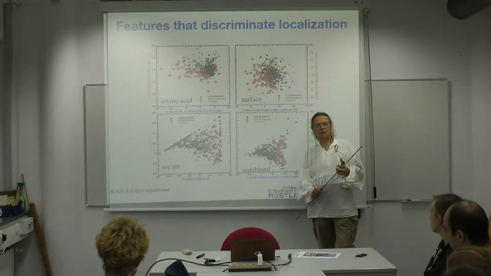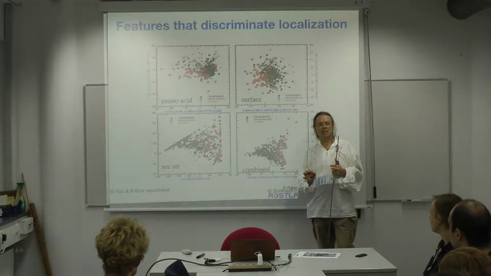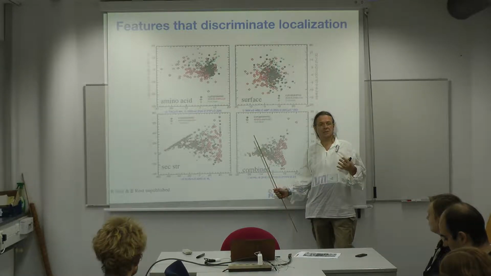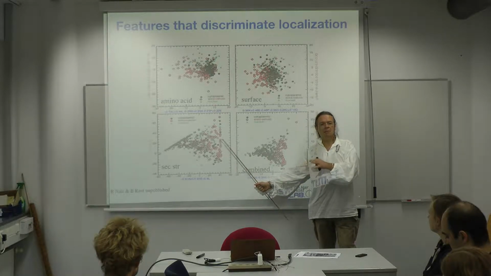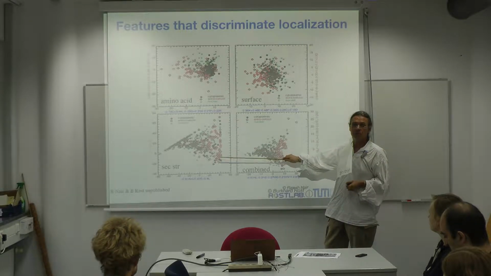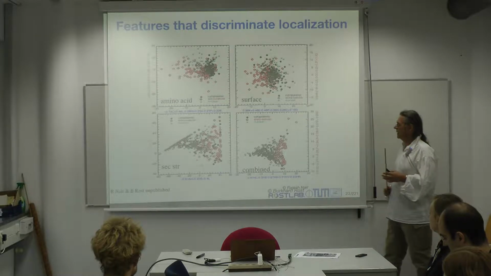So I have 3 secondary structure states, and I try to classify according to what fraction is in helix. And that this works at all was very surprising for me. I'm not saying this is a good separation, but I'm trying to say that there is some signal in here. This is clear, and it's actually surprising that there is. I did not expect it.